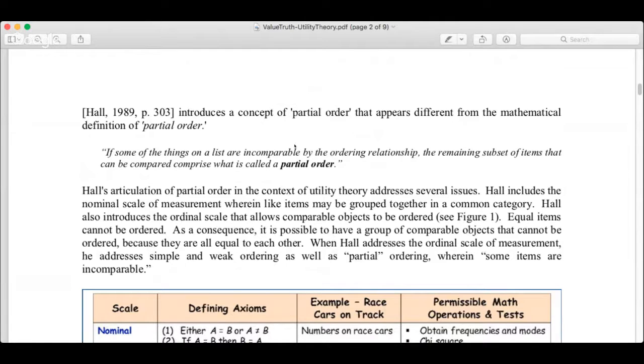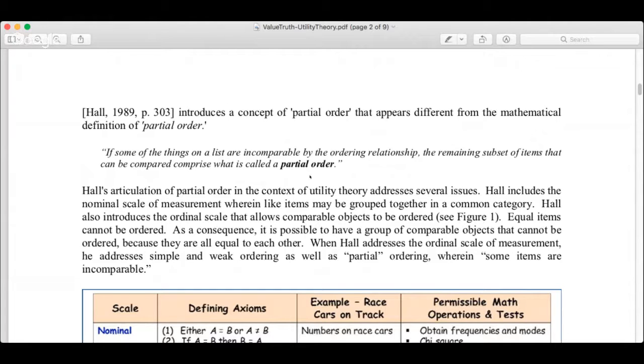But there's also, I think, another kind of more subtle aspect, not only in these actions, but also in this concept of partial order. And that's the fact that there are things that are comparable that can't be ordered, and those things are equal to each other. And I think that has been a source of a lot of confusion, and also a source of linguistic and conceptual misunderstanding in many cases.